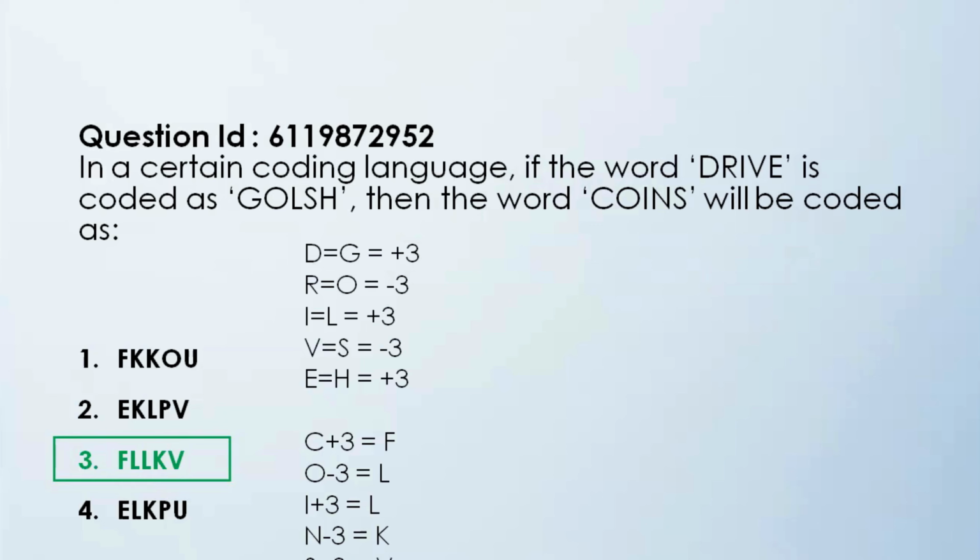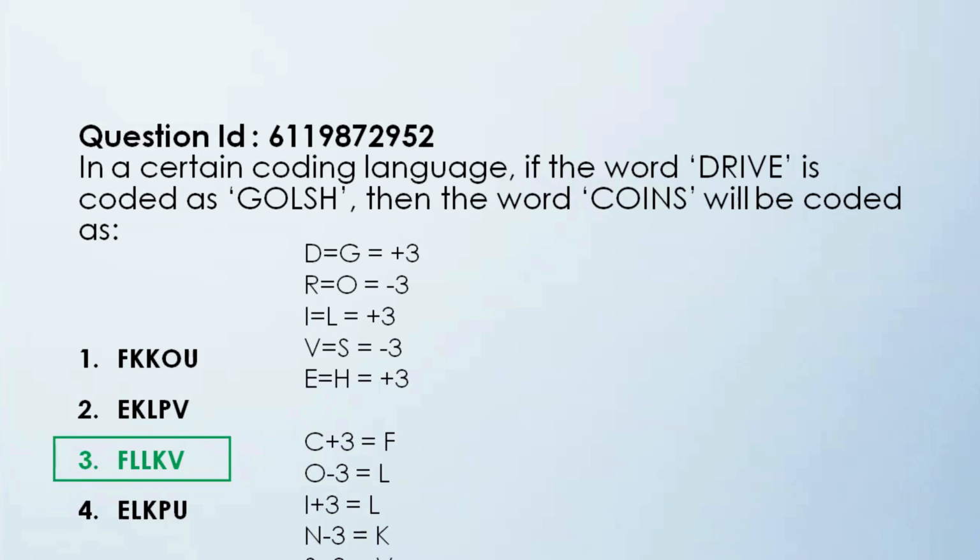Now, if you tried doing direct substitution also, DRIVE and COINS both have the third letter as I. So you can come to the conclusion that the third letter in the answer is also going to be L. In that way, you would have eliminated option 1 and option 4. But you are still stuck at option 2 and 3.